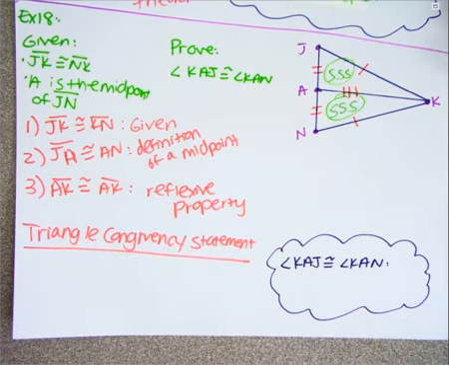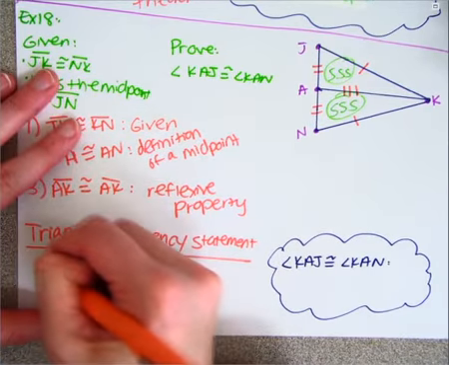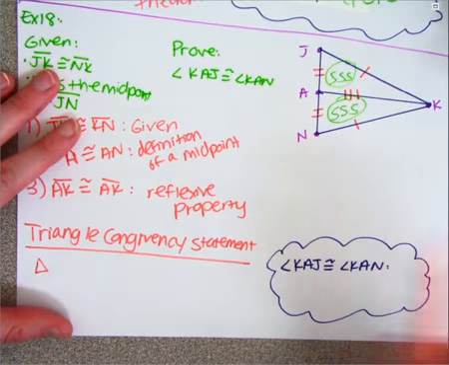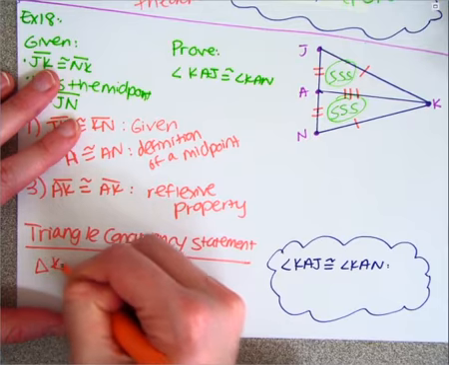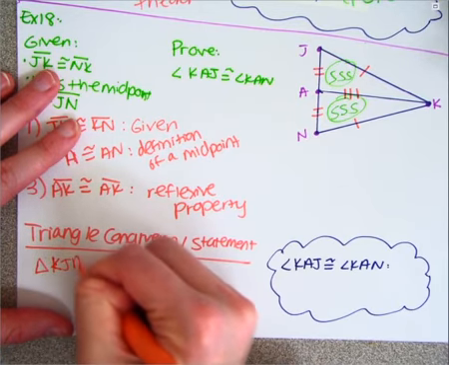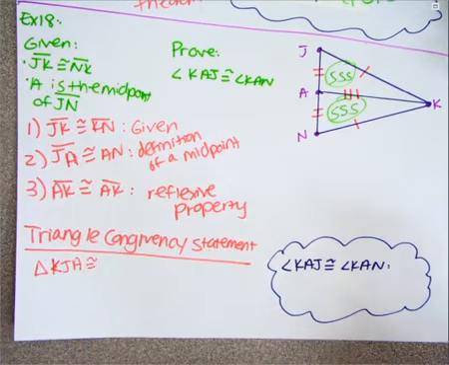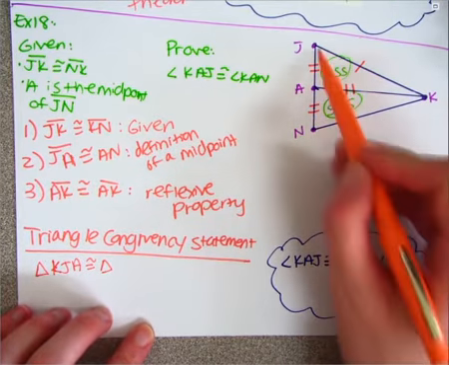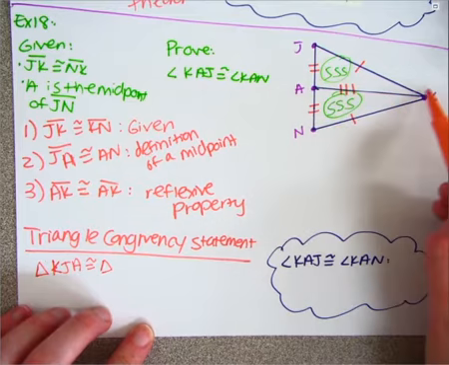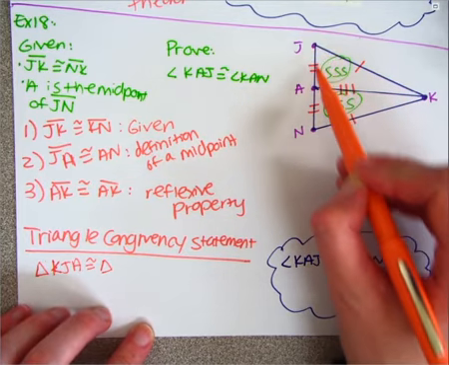So I'm going to name the top triangle however I feel like. I'm going to name it KJA. KJA is congruent to triangle... Now KJA, if I follow the way I trace my triangle, I go from one tick mark to two tick marks to three.